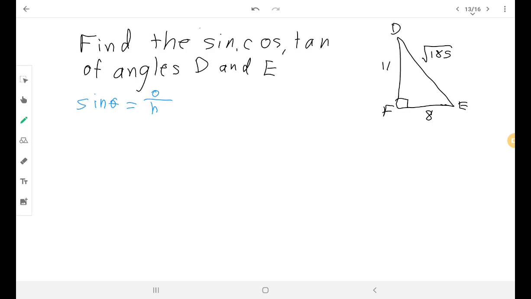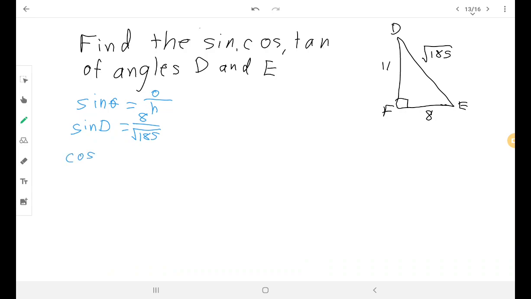So, for the sine of angle D, the opposite is: start at the angle and go through the triangle until you hit a side, and that is the opposite side. So this side is the opposite side. So the opposite side here is 8, and the hypotenuse is square root of 185, and you might put that into a calculator, you might not, whatever.